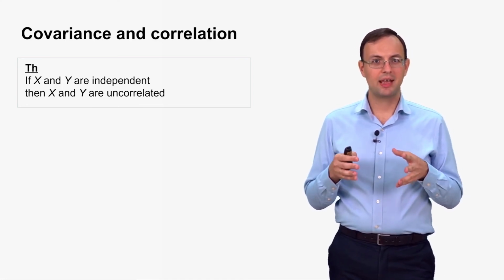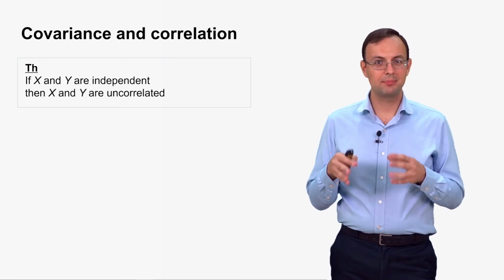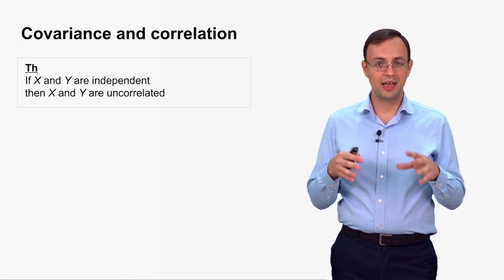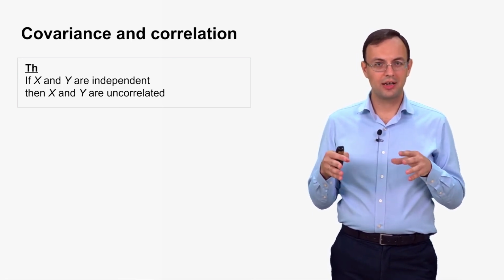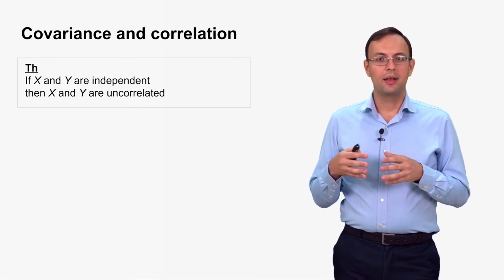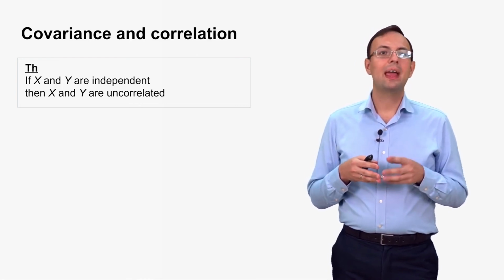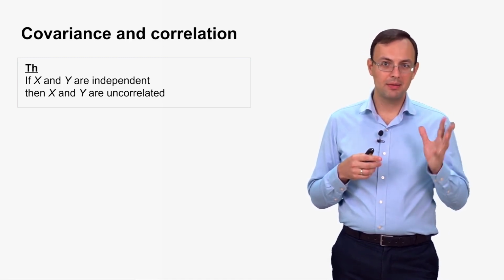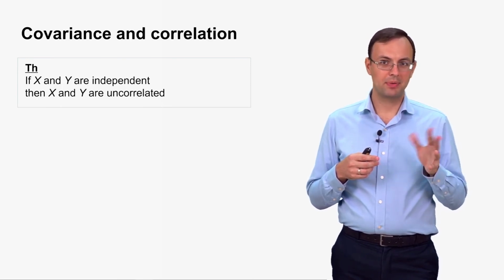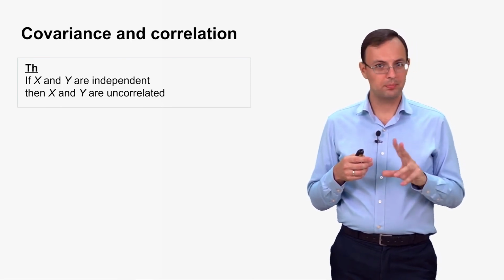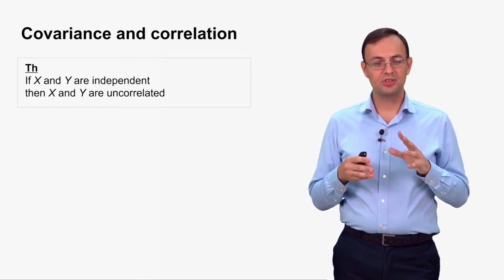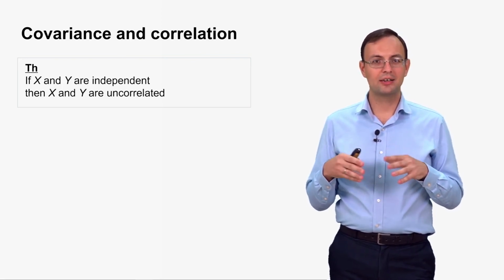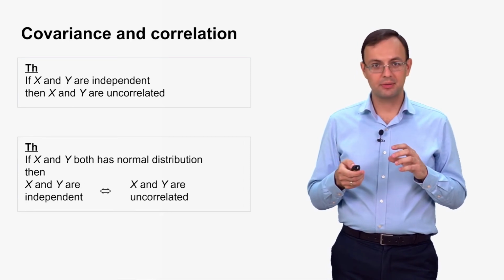There is a theorem that if two random variables are independent, then they are uncorrelated. So if they are independent, then their covariance and correlation are equal to 0. So if x and y are uncorrelated, they may be dependent or independent, so both are possible. But the one important exception is normal distribution. So this exception are normally distributed random variables.